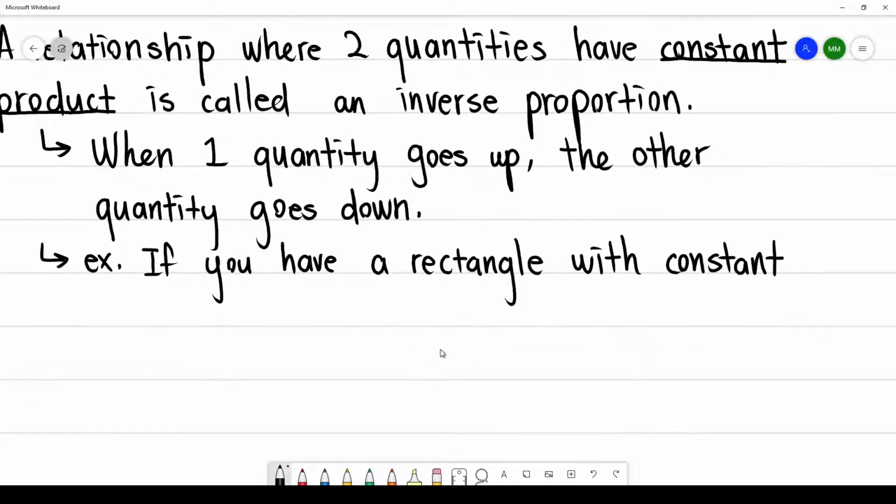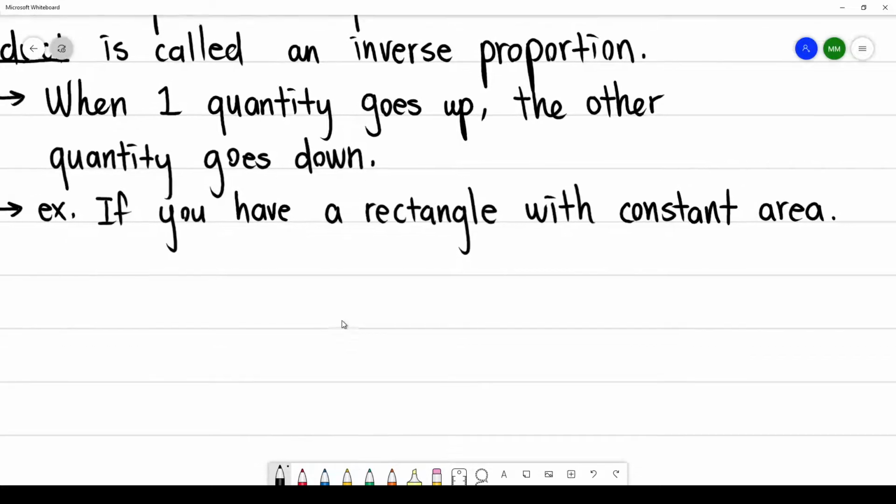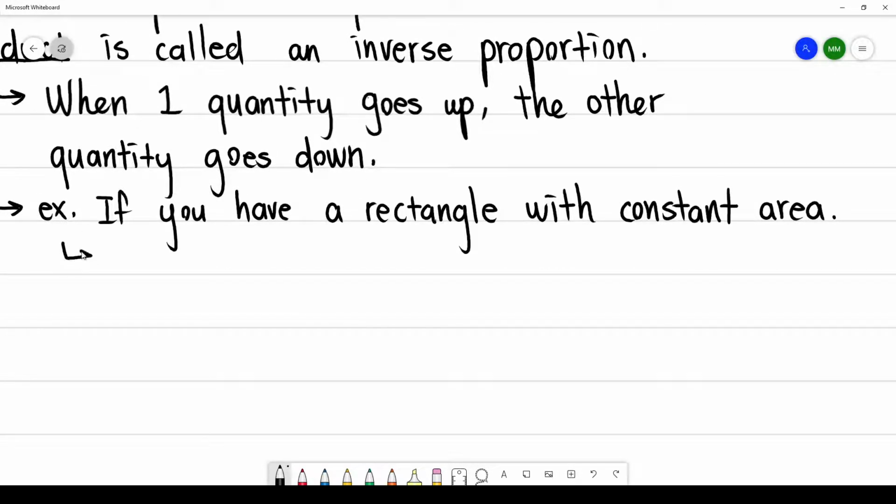If you can still remember from last class, constant means always the same, right? The formula for the area of a rectangle is length times width. And let's say it's equal to 40.